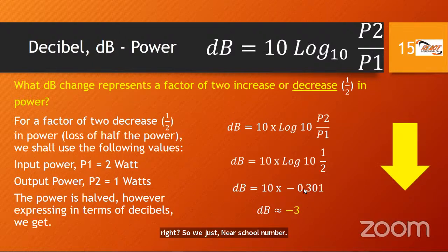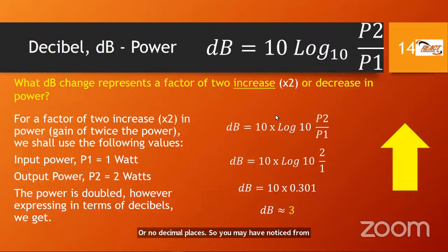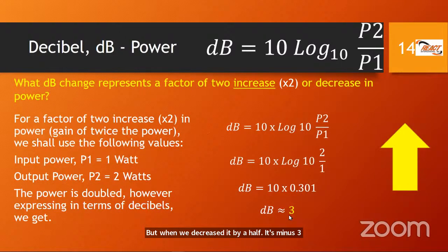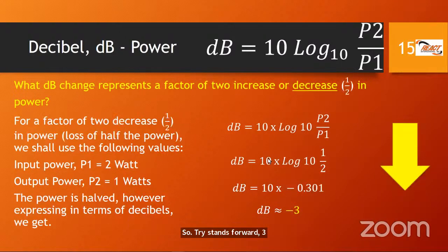You may have noticed from previously, when we increased the power by twice, we got a decibel gain of 3 dB. But when we decreased it by a half, it's minus 3 dB. That is a pattern you should recognize. Twice times power is 3 dB positive, and half times power is also 3 dB but negative.